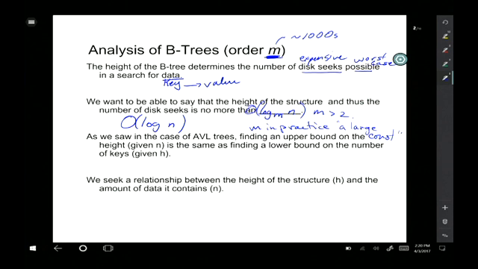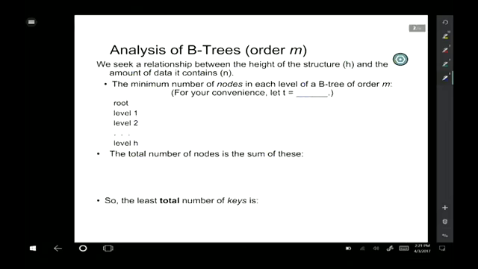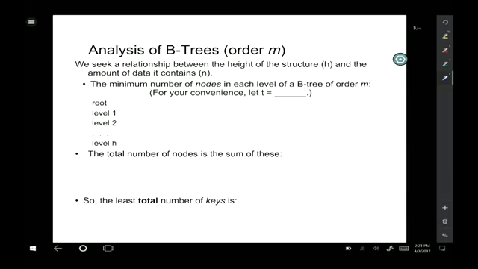So what we are going to do is take h as given and analyze the lower bound on the number of keys. So a lower bound on our version of n, which represents the least number of keys. Okay, so we want this relationship between the height of the structure and the number of keys that it contains.